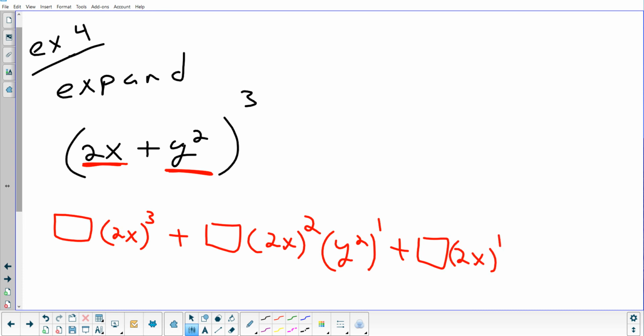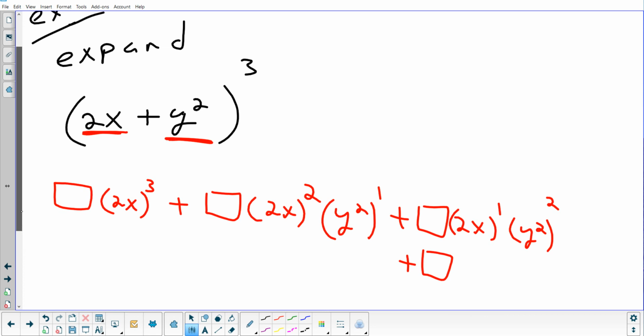And what's the y squared going to have for its exponent? Well, y squared to the second. We'll simplify that. And the last one, the 2x, what's that going to have as an exponent? So that's gone. And what about the y squared? To the third.